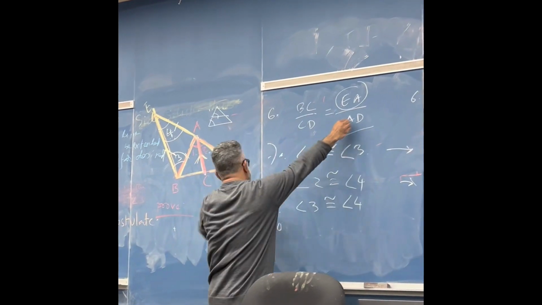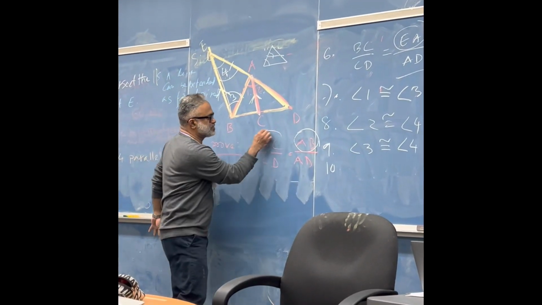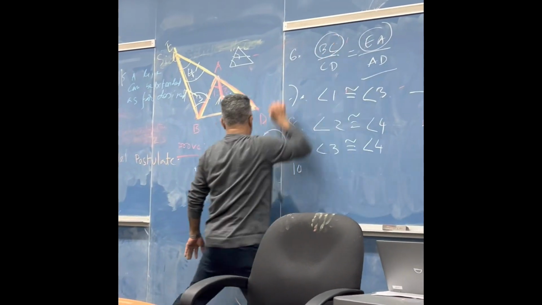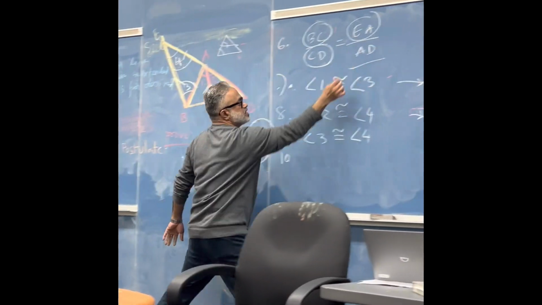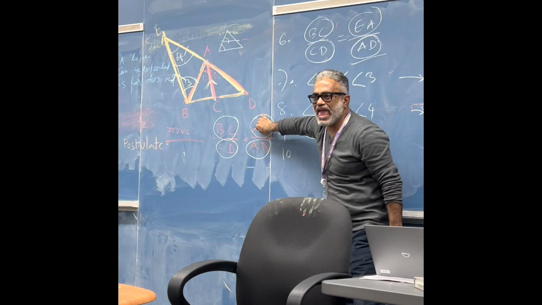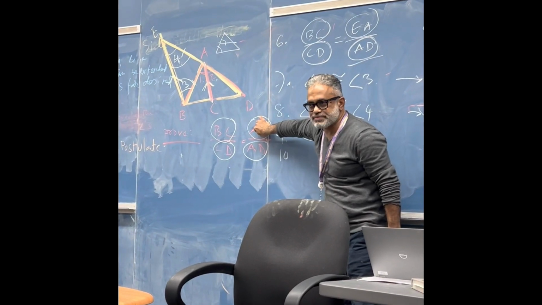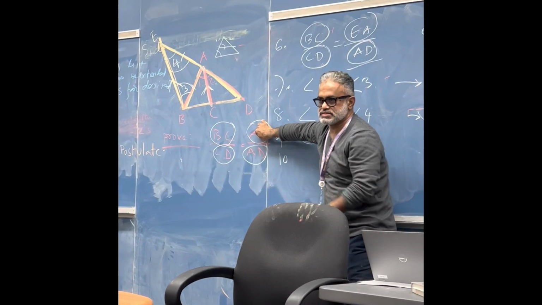Now, you see, we are trying to prove this, right? We have this segment here, and you can somehow prove EA is congruent to AB. We can substitute, right?